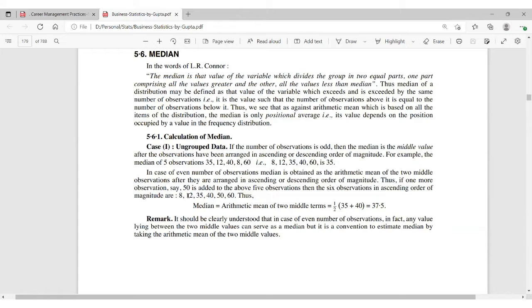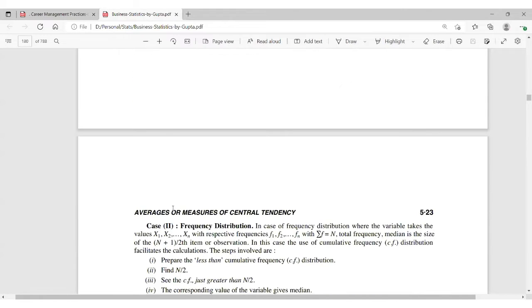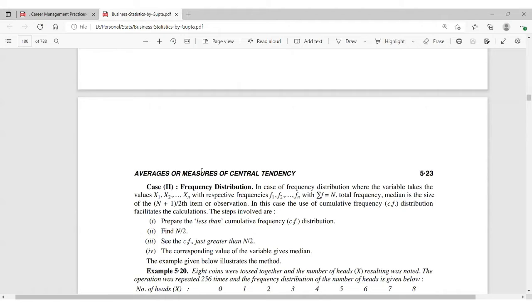There is no single middle value. There are two middle values, 35 and 40. So the median is the average of these two numbers. Got it?